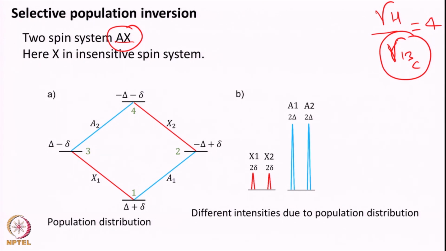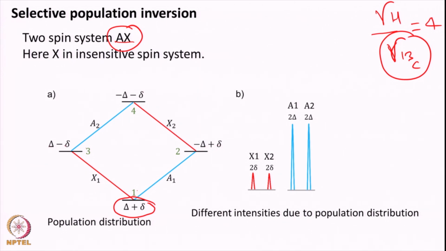Here is the energy level diagram for this spin system. We have 4 states, state 1, 2, 3 and 4. The populations of these states are: here big delta plus small delta, here minus big delta plus small delta, here minus big delta minus small delta, and here big delta minus small delta.